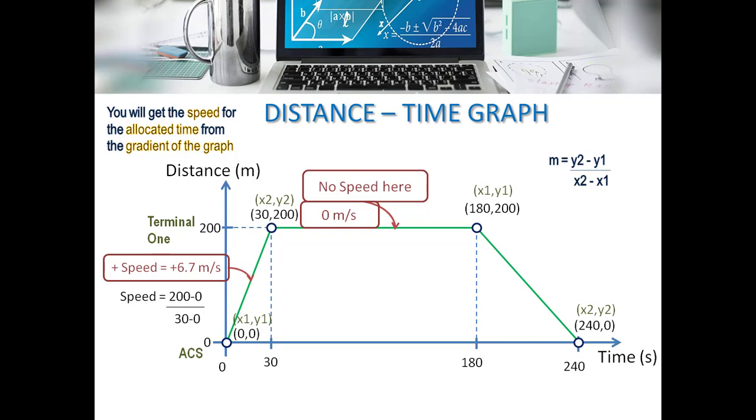Then you substitute into the formula of gradient. So you will have y2 minus y1. When y2 is in front, x2 must also be in front. So 0 minus 200 over 240 minus 180, and then you will get the speed. Why is it negative? Negative means the declination, meaning you are going back from the place.